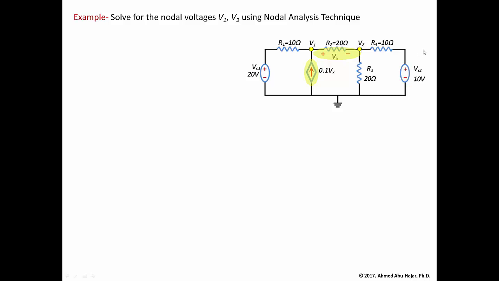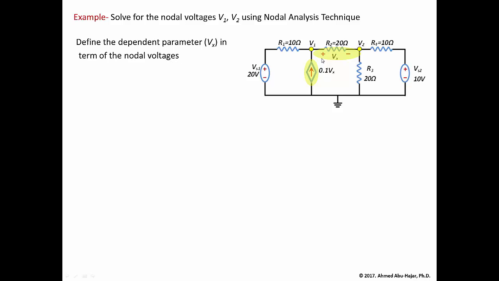Then you need to define this parameter Vx in terms of the unknown nodal voltages. So let's state that clearly: we need to define the dependent parameter, which is Vx in this case, in terms of the nodal voltages. So that is extremely important.